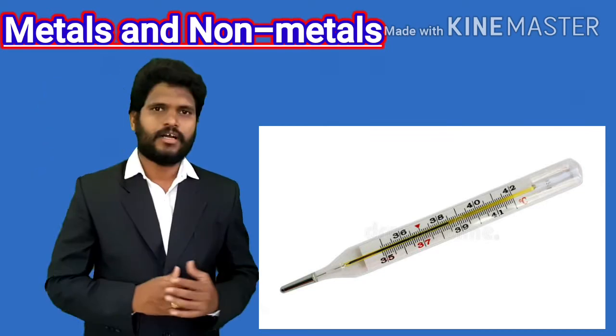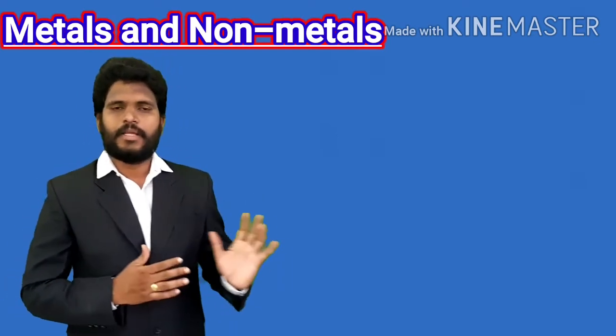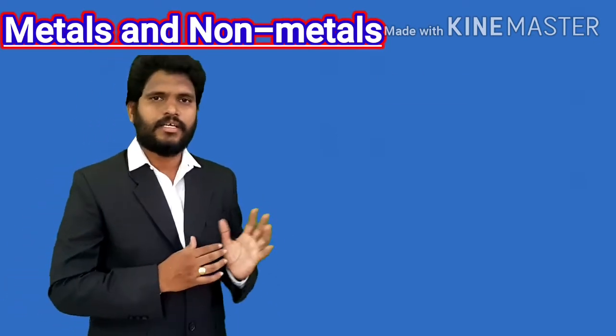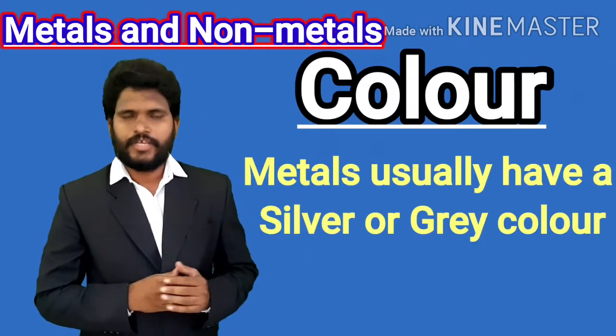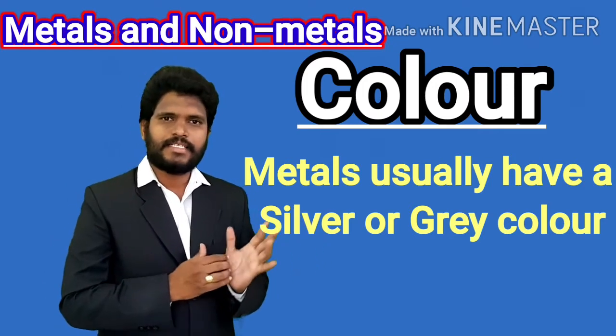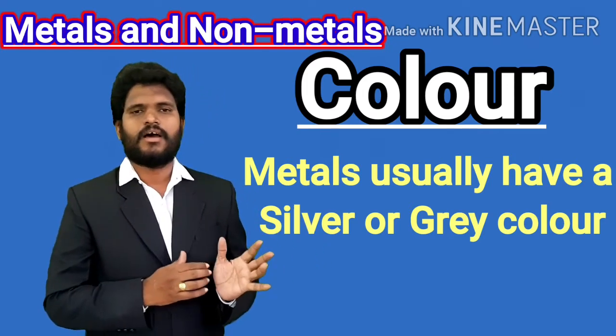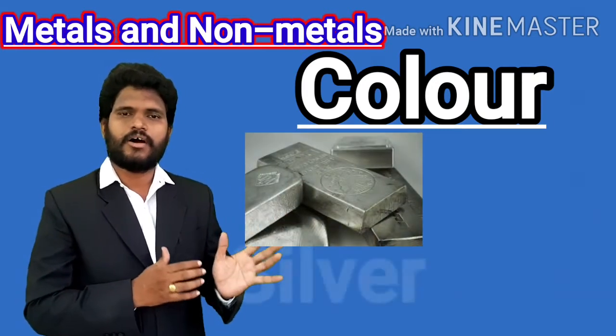The remaining metals are mostly solid. Understood? The next physical property of metals is color. Generally metals are present in silver or grey color.